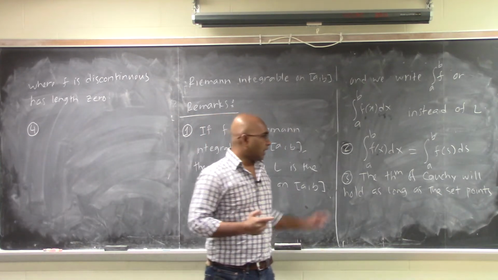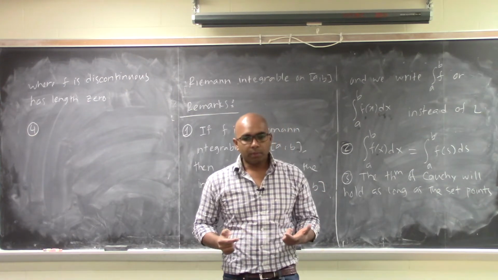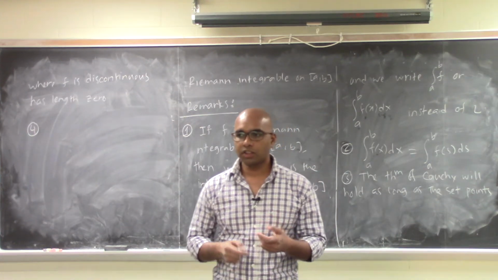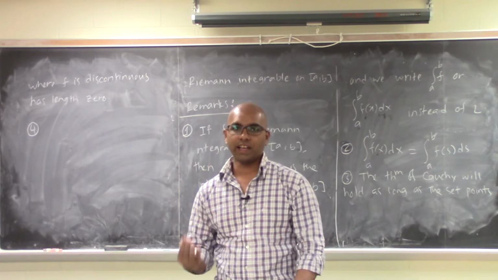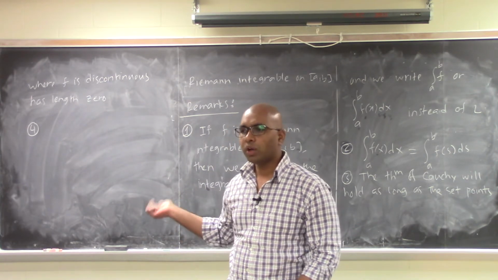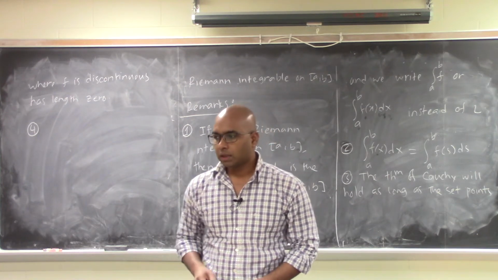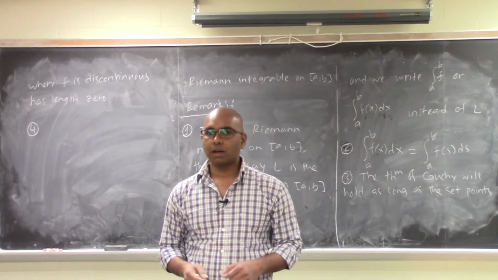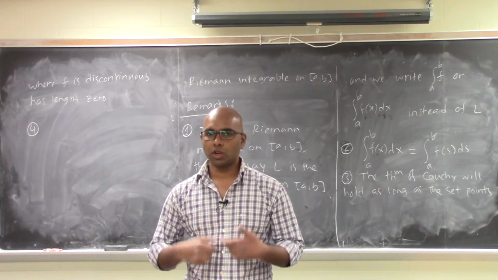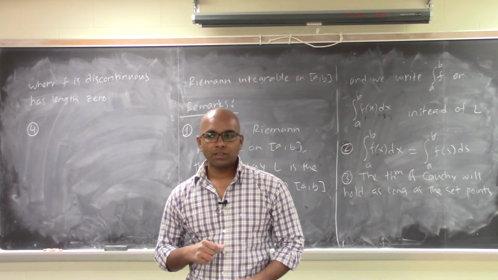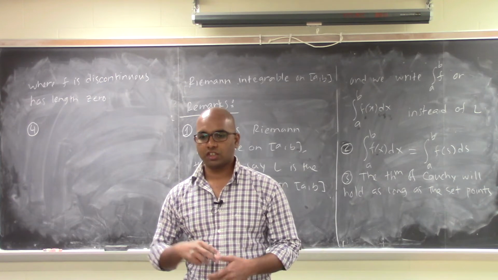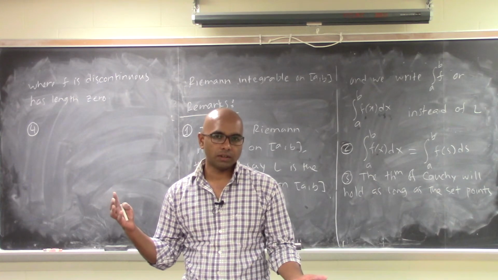Last thing, when we actually motivated the area problem, we always mentioned that our function is non-negative, right? But the way we have defined Riemann integration and also the Riemann sum, we didn't actually say our function has to be non-negative, right? So Riemann integration can still work if our function is not non-negative.